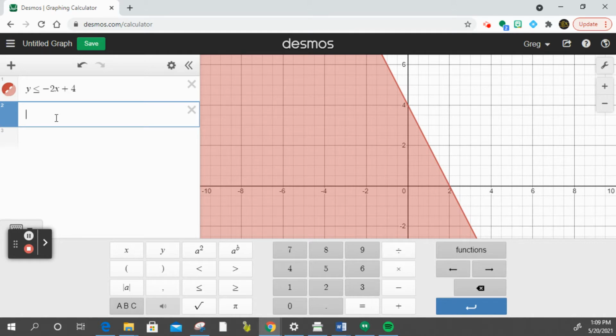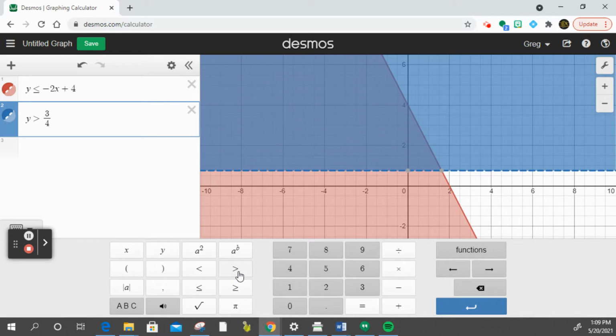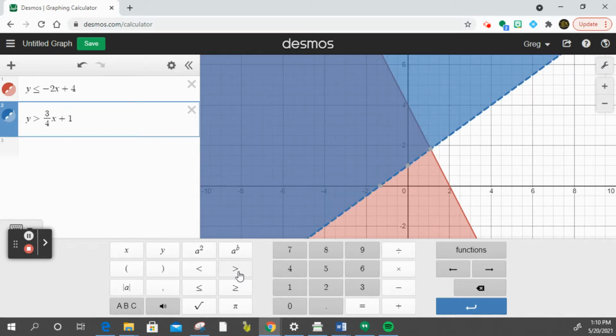Okay, now let's put in the next one. Y is greater than, there's the symbol for greater than, 3/4. Just remember to use the division sign, arrow over so that it's close to the 3/4 now. X plus 1. Notice it does a dotted line.